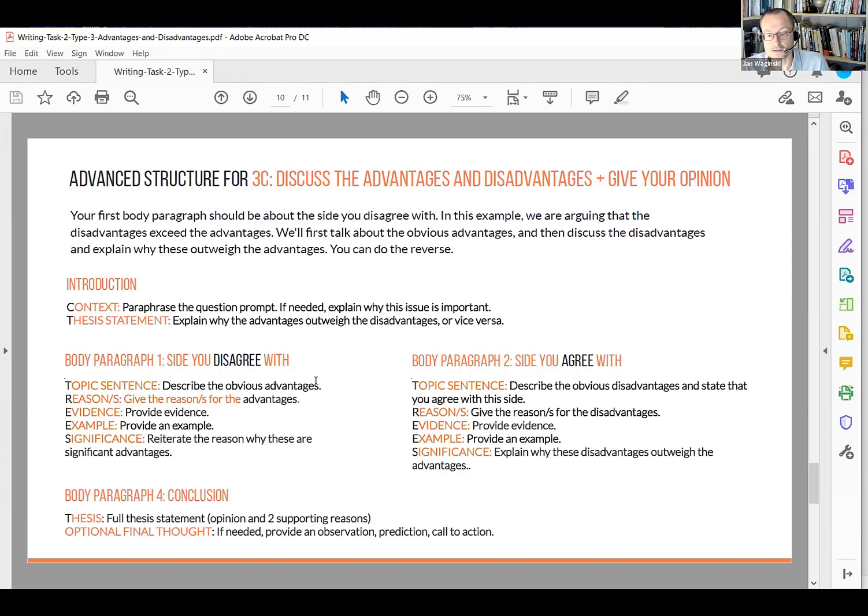But then I'm going to say the disadvantages of jobs for kids exceed the advantages because when they're young, they need to focus on studying. What they learn from working at Tim Hortons or a grocery store isn't worth learning. It doesn't transfer to anything really. They're better off getting a really low allowance from their parents and focusing on their schoolwork.